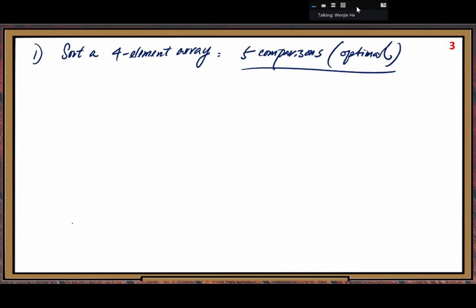Our second question, part B: I give you 4 elements, but I also give you 2 inequalities, so you need to use these results. Without the given condition, we need 5, right?